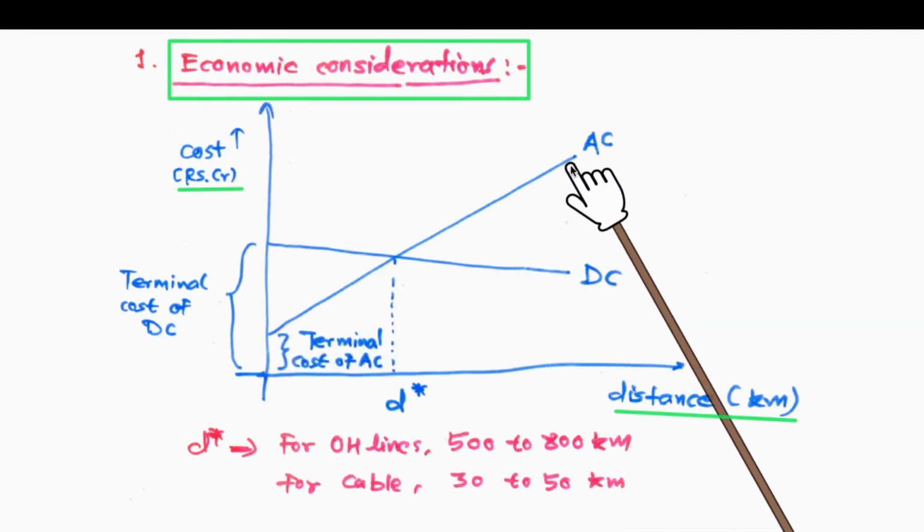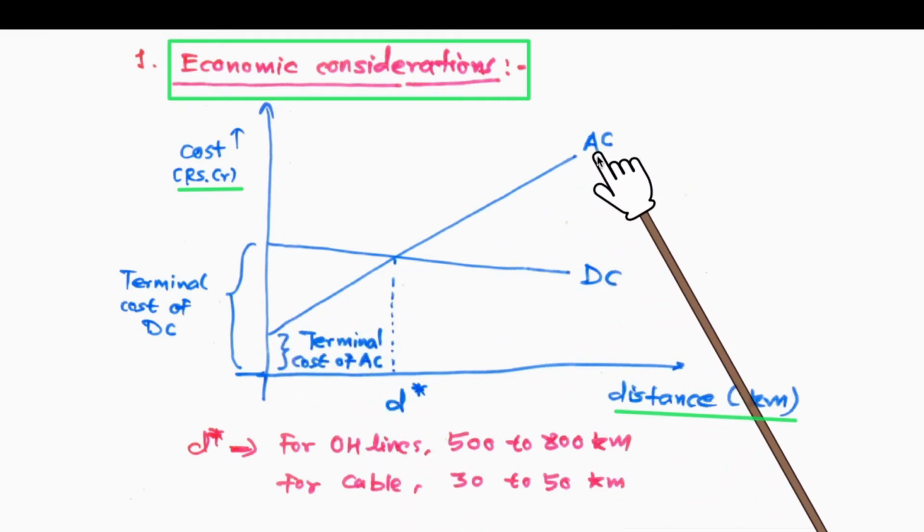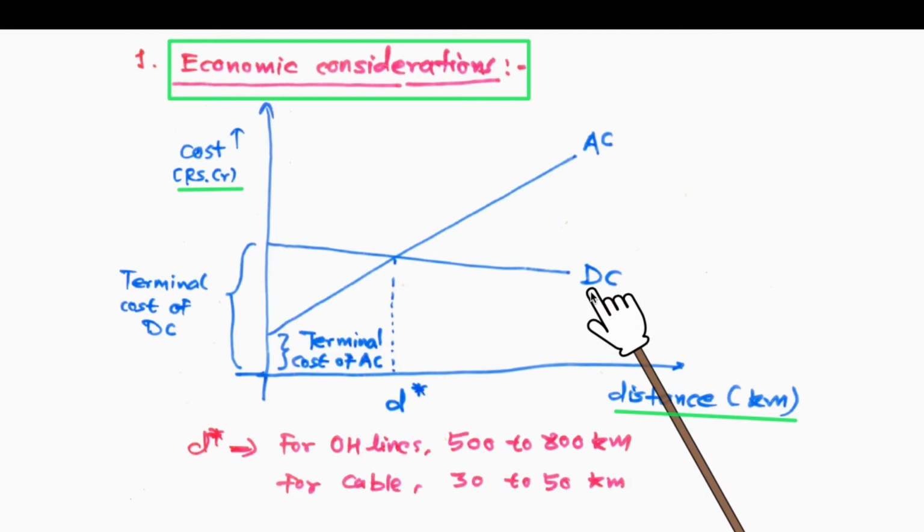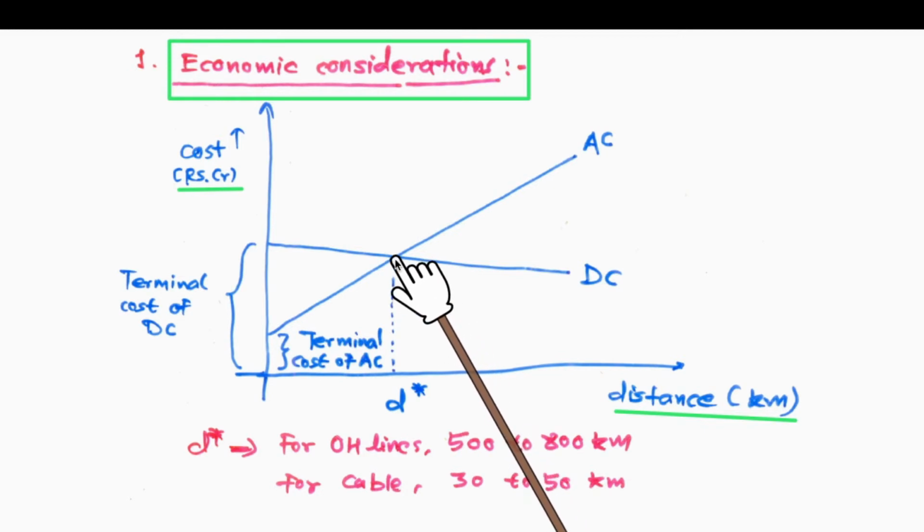One is the AC technology, you may consider EHV-AC, right? And the other one is a DC or HVDC technology. Okay. Now observe carefully that these two characteristics are crossing each other at one particular point, represented as a break-even distance D star.